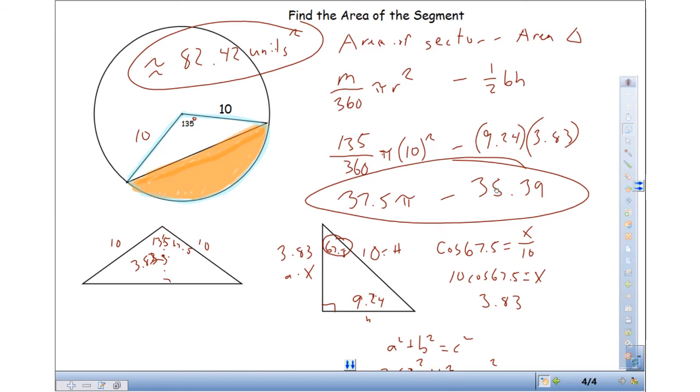So 9.24 times 3.83, which we found from trig, equals 35.39. We subtract this. The most common mistake is that you'll forget the pi and you'll get a negative number. This still would have been positive, but you need to keep that pi in your answer. So 37.5 times pi minus 35.39. Okay, so this makes our total area of our segment 82.42.